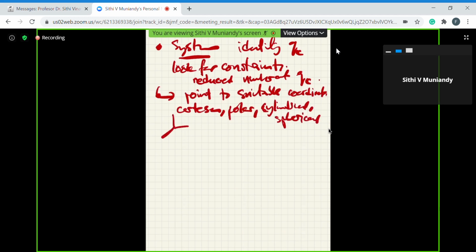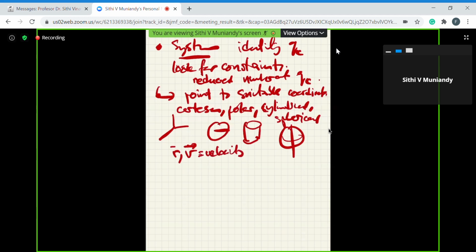For each of these, you need to know the position and the velocity terms in the respective coordinate system.